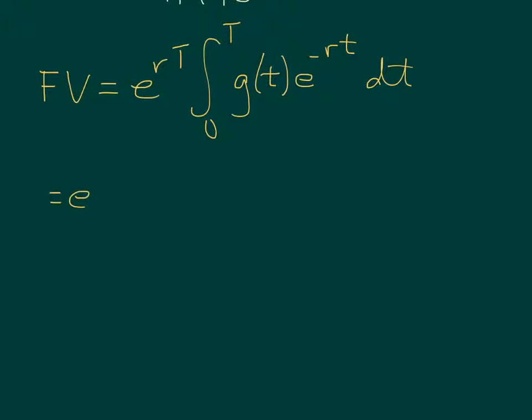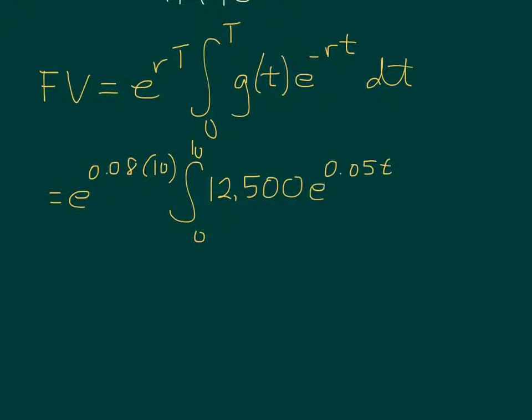So my r is 0.08, my t is still 10, 0 to 10. My g of t was 12,500 e to the 0.05 t.